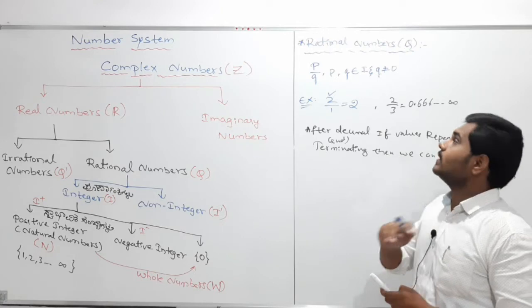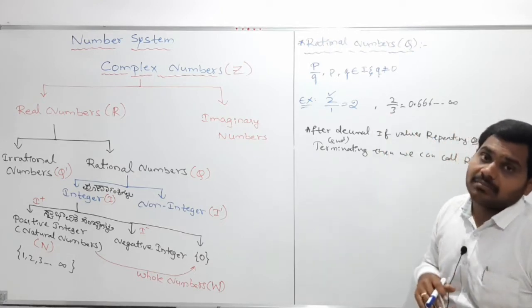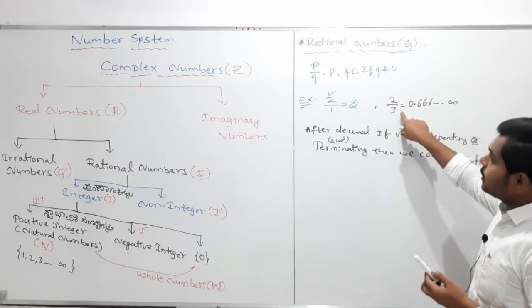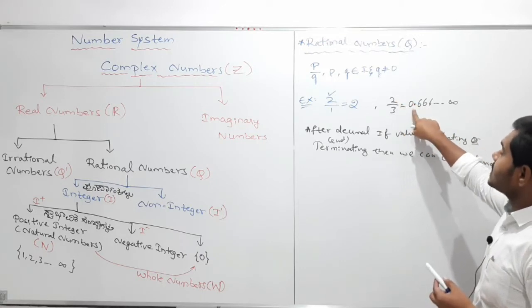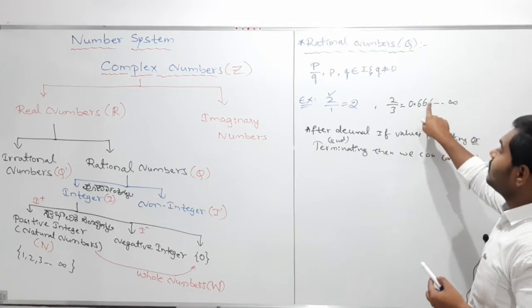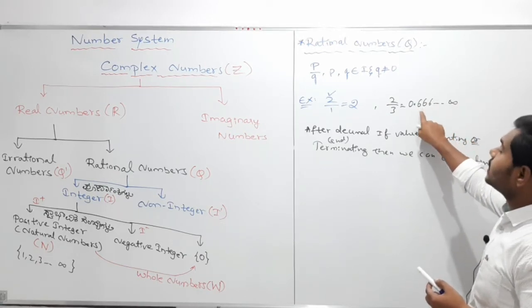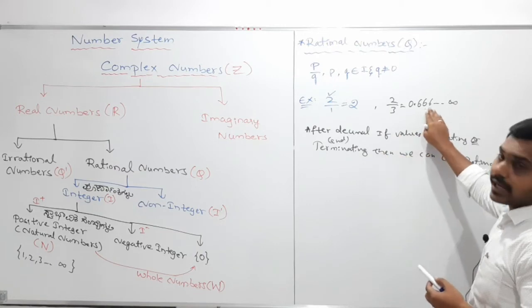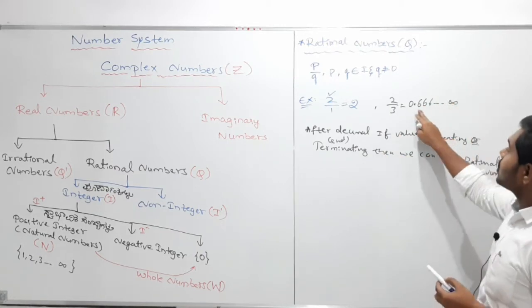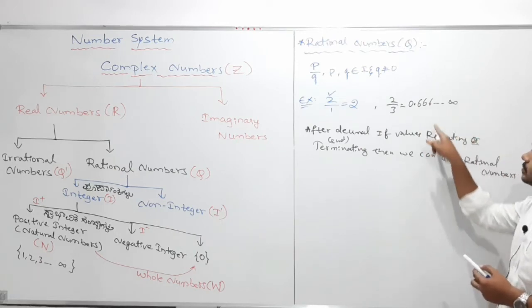If the values terminate or repeat, we call such a number rational. In this case, if you calculate 2 by 3, the value is 0.666 and so on. After the decimal the value is not terminating; it goes on and on, it is repeating.